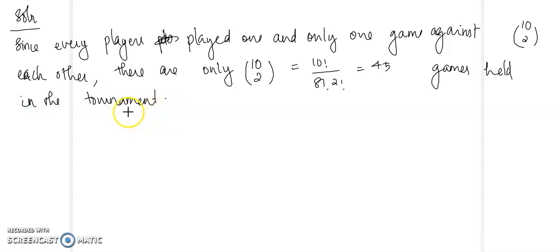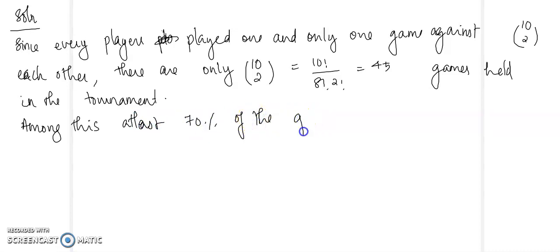Now it is given that of these 45, 70% are draws. So let us see how many games could be non-draws. Among these, at least 70% of the games ended in a draw.